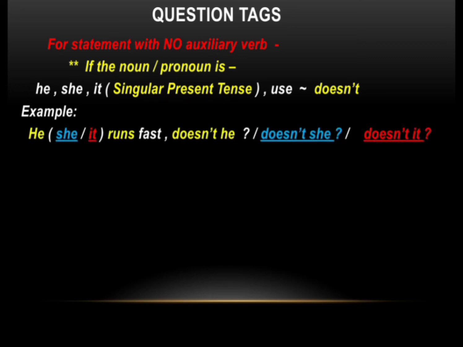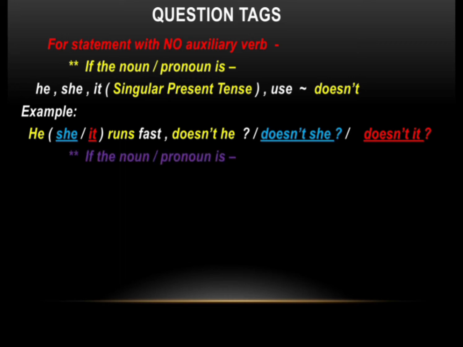Example, he runs fast. The tag is doesn't he. If the statement is she runs fast, the tag will be doesn't she. If the statement is it runs fast, the tag will be doesn't it.